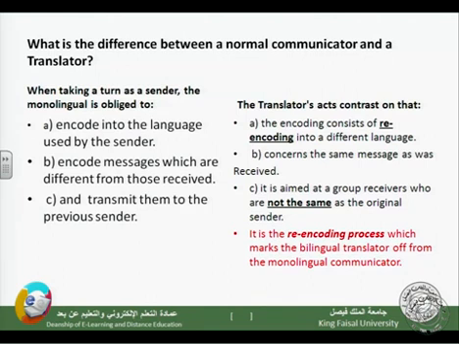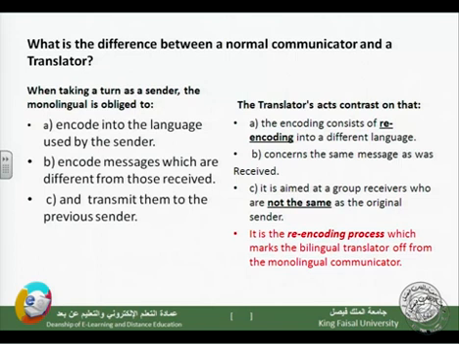Notice, the translator's encoding consists of re-encoding into a different language. It's very different. He has to use a different language when he encodes his message.